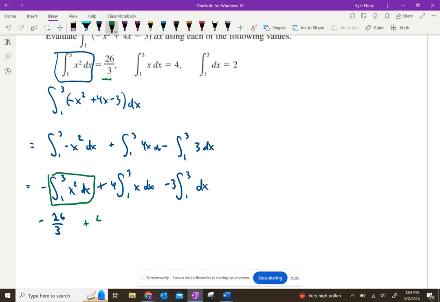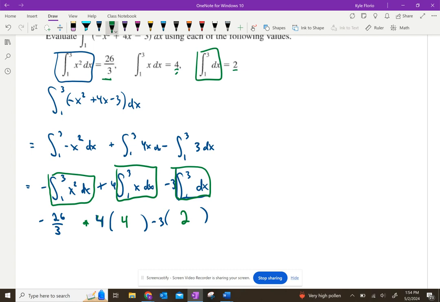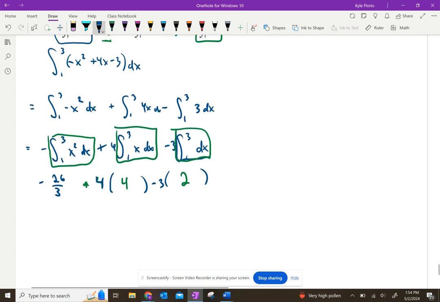And then we have plus 4 times this integral we're given, which is equal to 4, minus 3 times this integral right here, which is equal to 2.